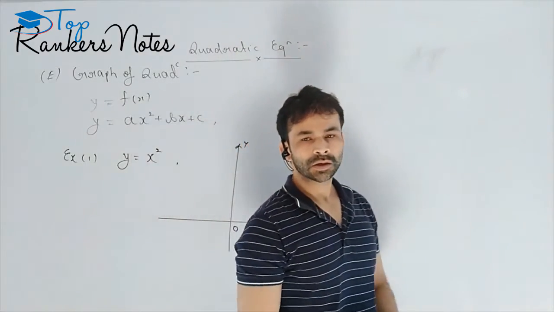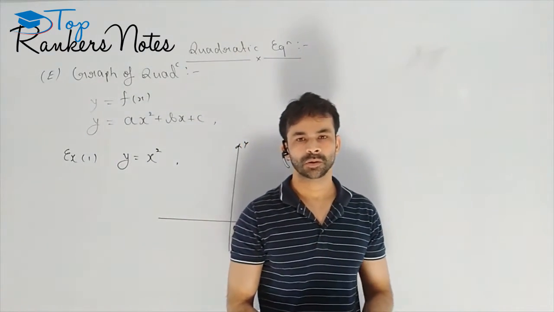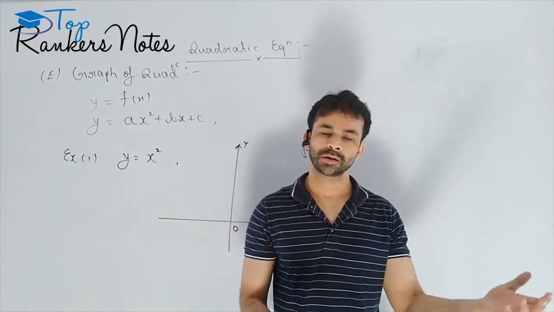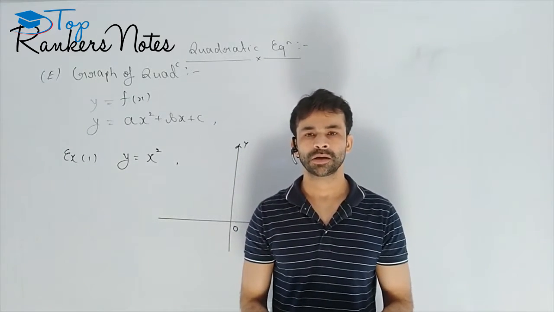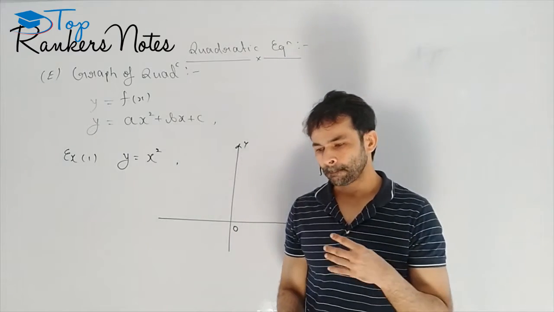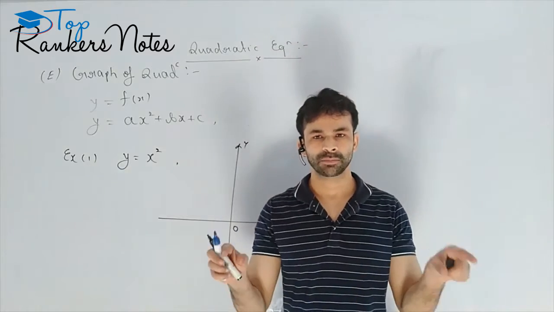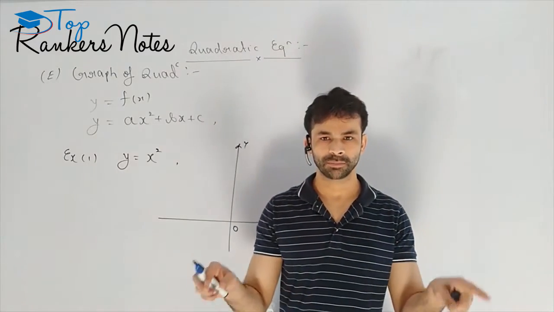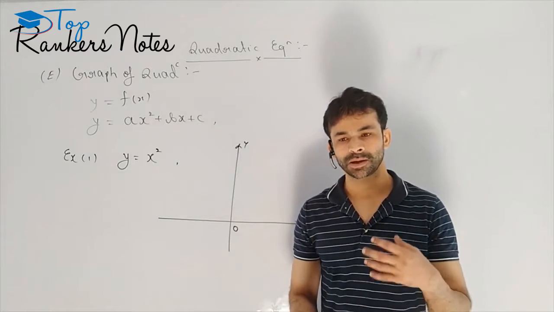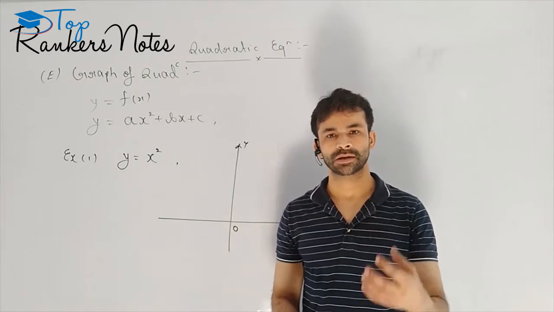Until this time, okay, you draw on graph paper, taking some values of x, then finding the values of y, right? So like that only we'll draw, okay, but we won't be making the graph by the table form, by making the table. We don't have that much time. Okay, in exam, in IIT exam, you don't get that much time.